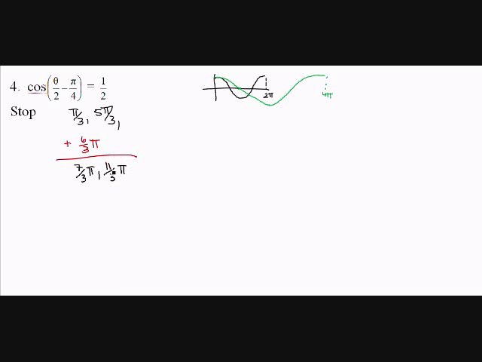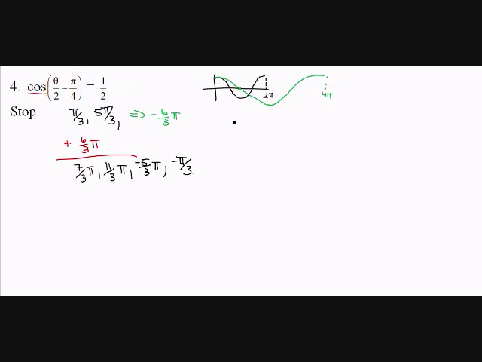I'm pretty sure this one is of no use. And then let's also subtract off this way. Let's do negative 6 thirds pi. So pi thirds minus 6 pi thirds is negative 5 thirds pi, and that's negative pi over 3.